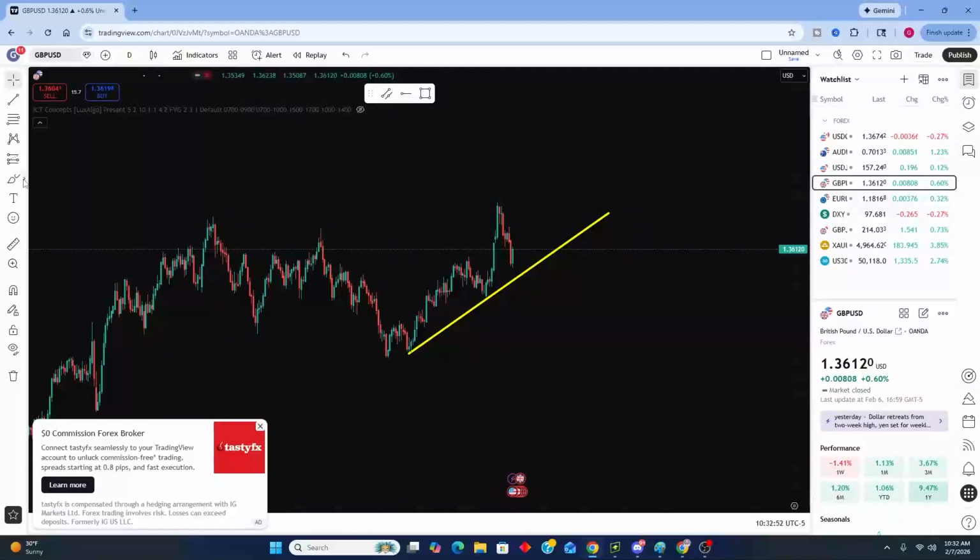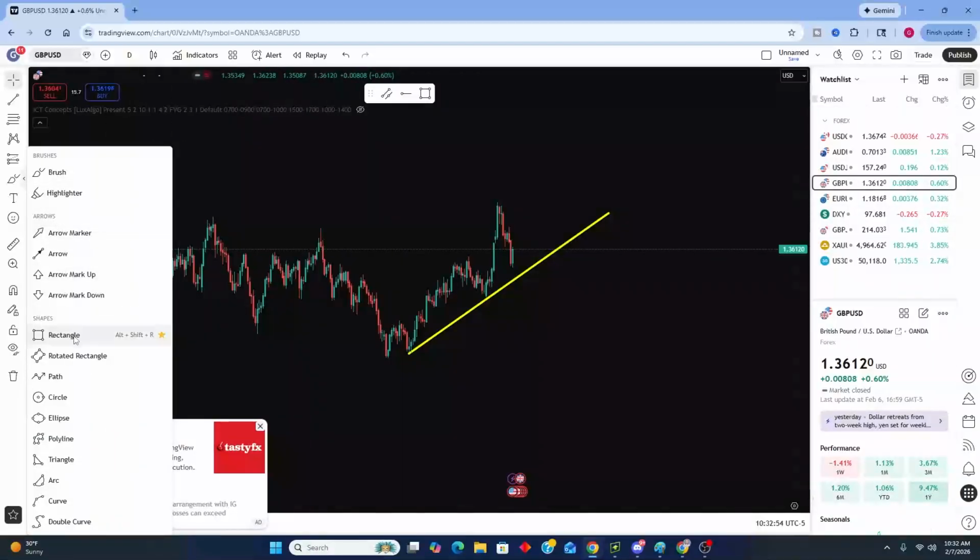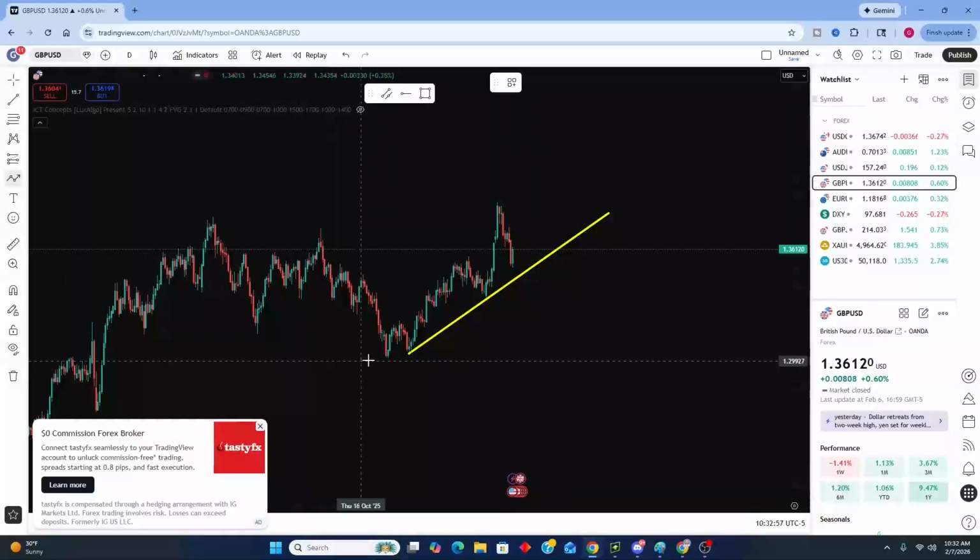Let's find the tool to mark it out. Path. Up, down, up, down, up, down, up, down, up, down.